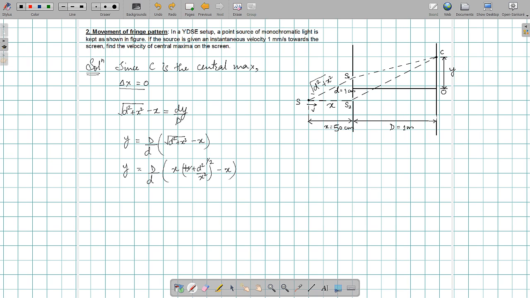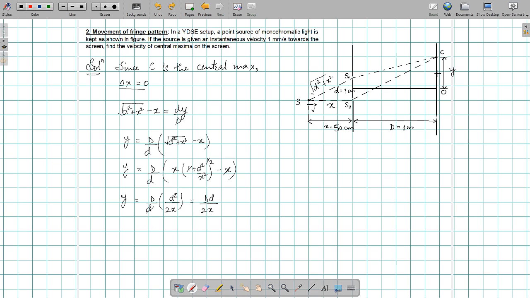The x terms cancel. Since d by x is a very small quantity, we can use binomial expansion. So we get y equal to D by d into d squared by 2x, and the d cancels, so y is D into d by 2x.